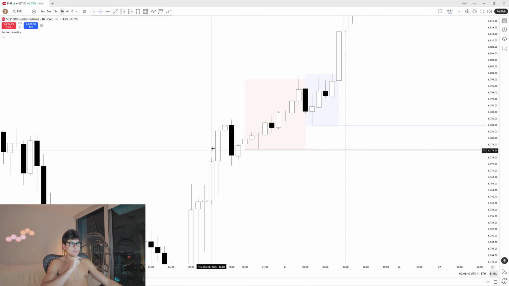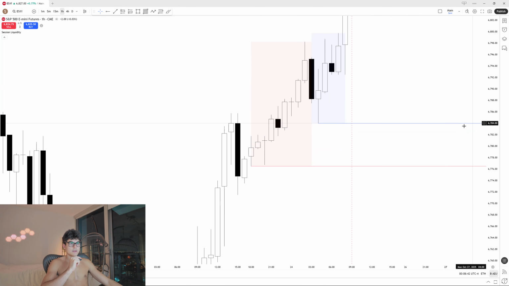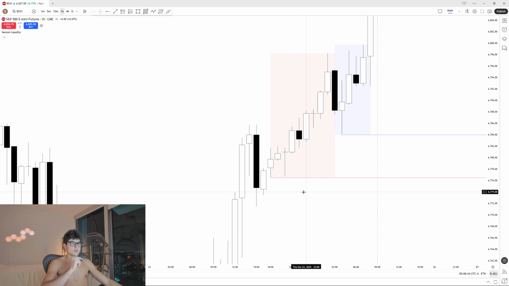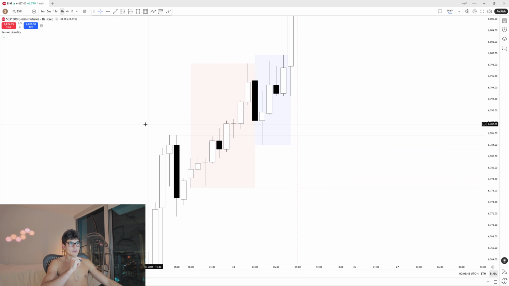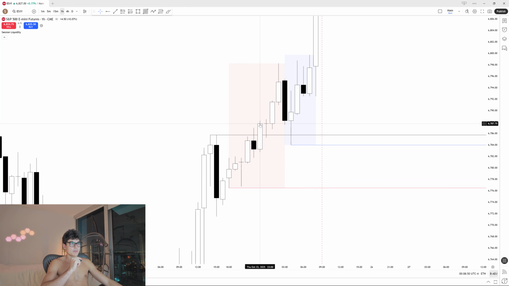As you can see, my up candles are white and my down candles are black, but it's the same concept. We have this high right here. These are equal, so I'm going to mark that out, and we simply break right here. Let me elaborate on another thing.